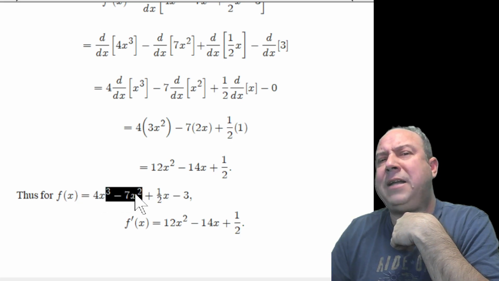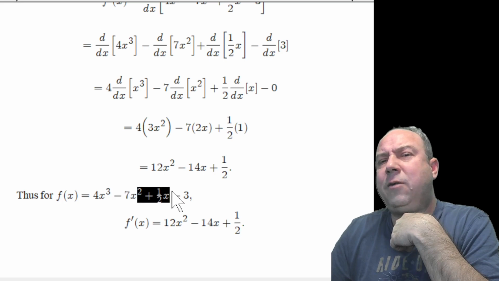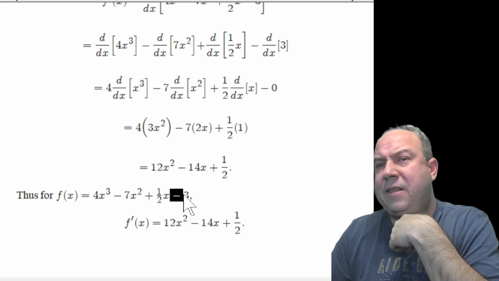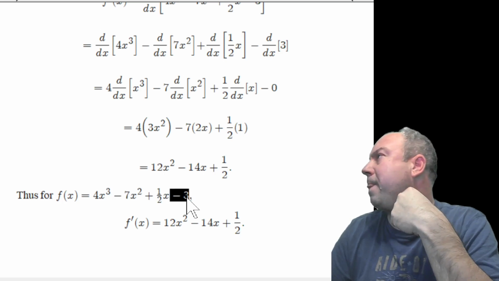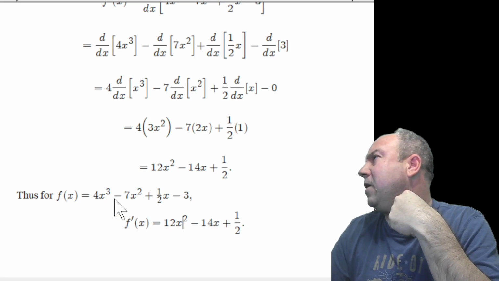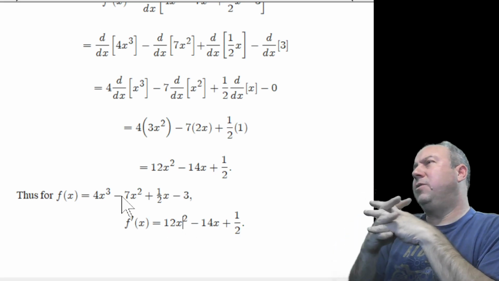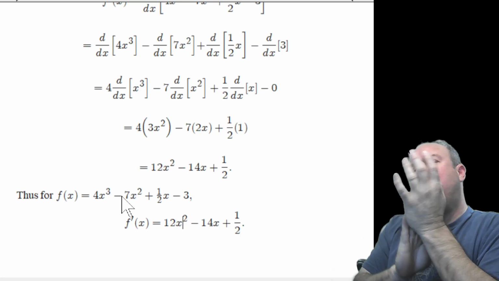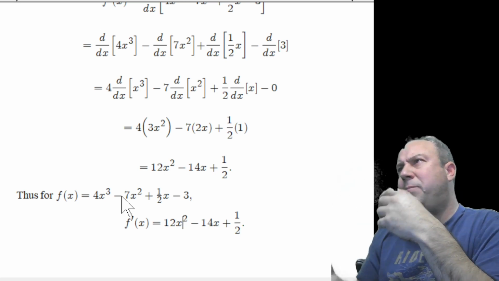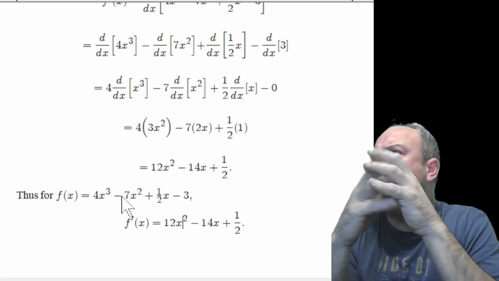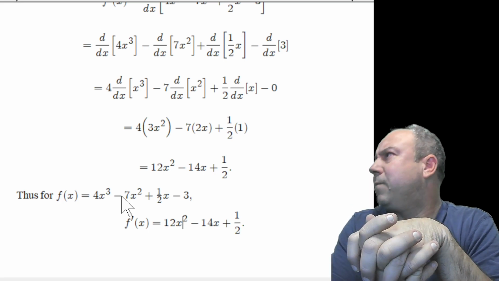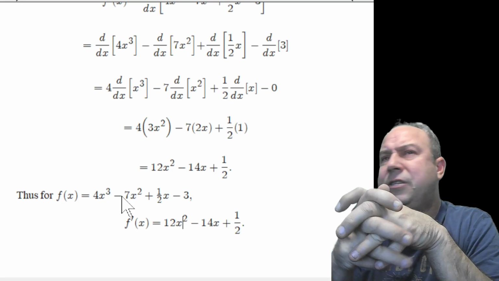And here we have minus 14x. And here we'd have plus 1/2. And then here would be minus 0. When working with polynomials, you can develop that skill. And it should develop pretty quickly with respect to their calculations.